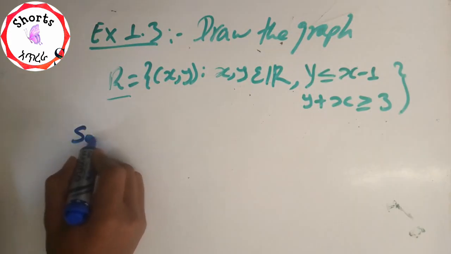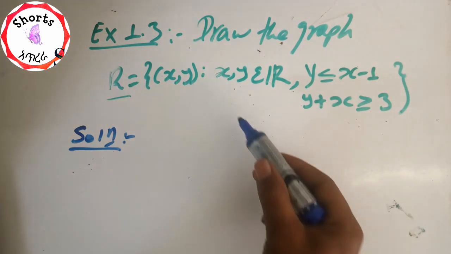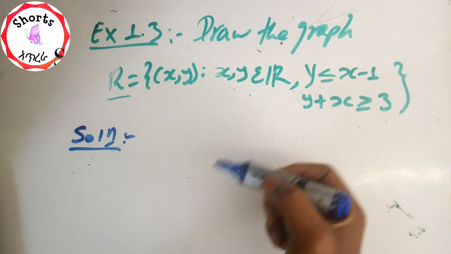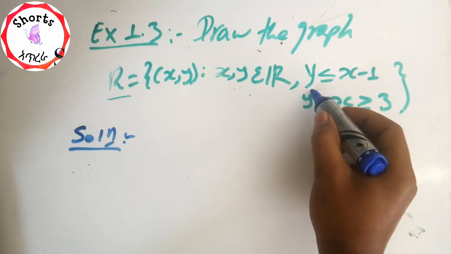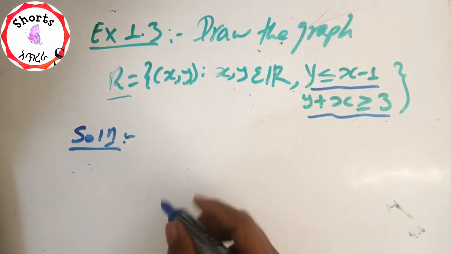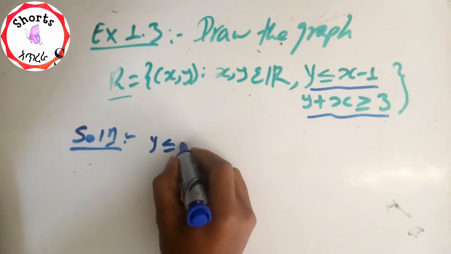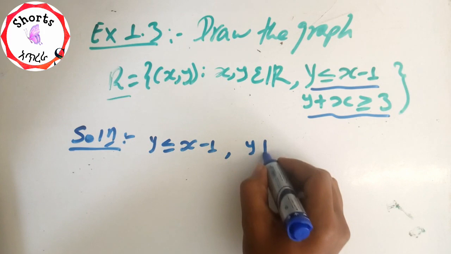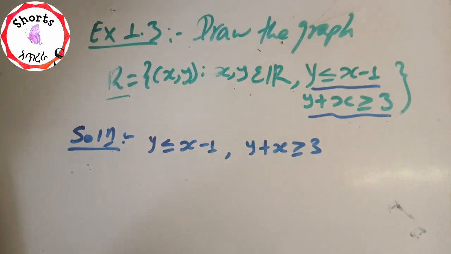Solution: here x and y are real numbers, therefore we need a coordinate axis, and there are two relations given with inequalities. The first inequality is y ≤ x − 1, and the second inequality is y + x ≥ 3.